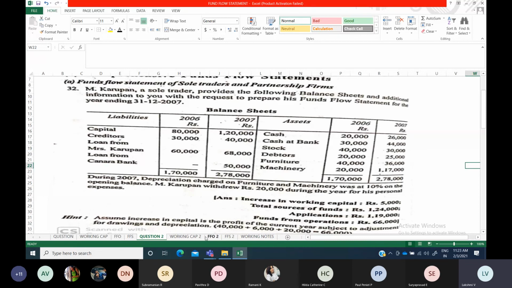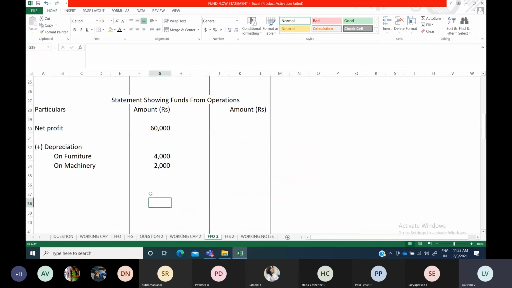So we can finish this one. Okay, so that we can calculate the funds from operation. So 60,000, with that you have to add 4,000, you have to add 2,000. So find out how much you are getting. Okay, that amount has to be entered here.